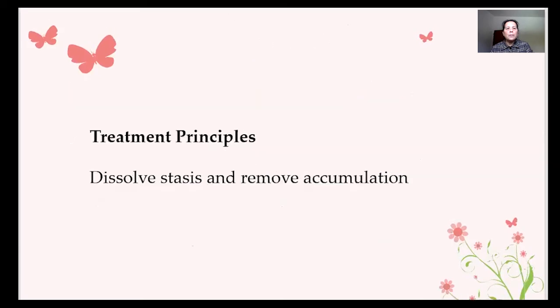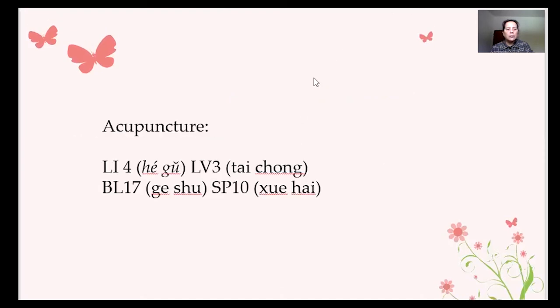For the treatment principle, we need to nourish blood, resolve stasis, and remove the blockage. Acupuncture points: Large Intestine 4 and Liver 3. We always call these the Four Gates.